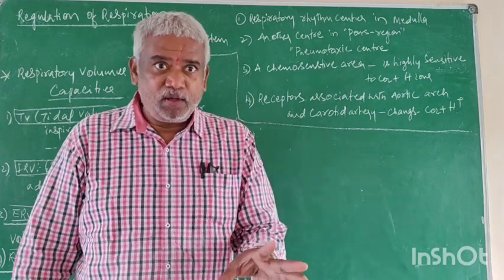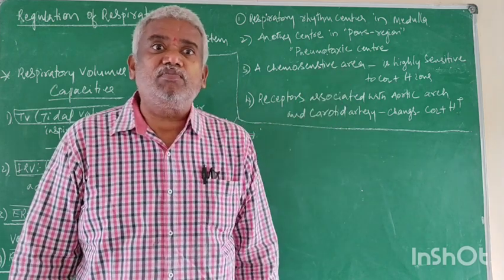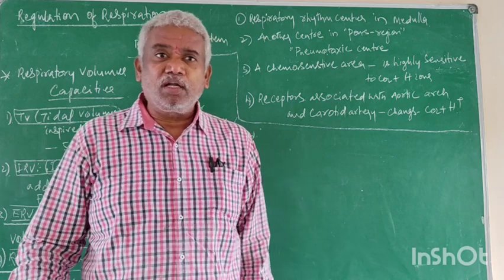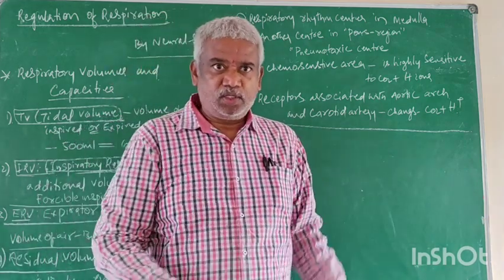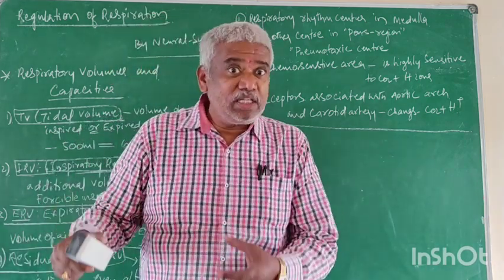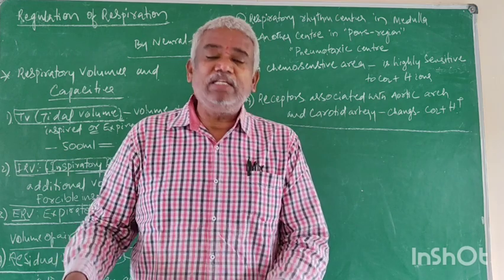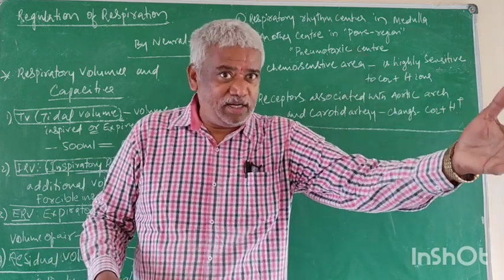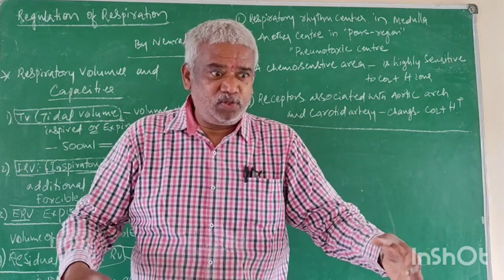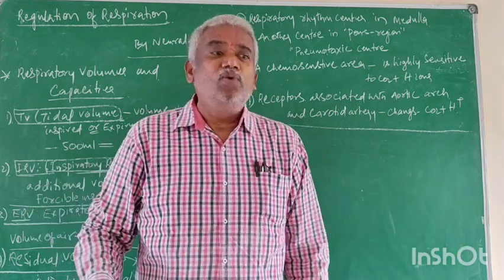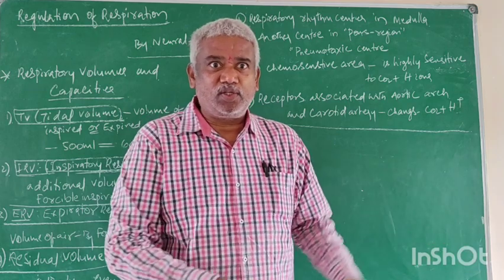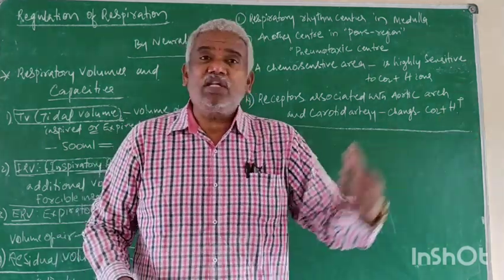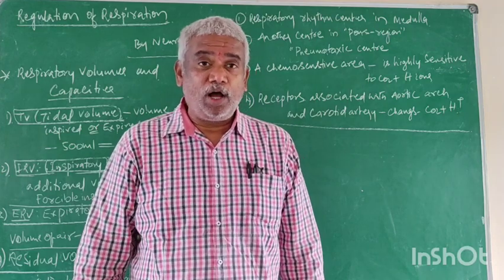For example, take the college organization. In this college organization, there are students, teachers, lecturers, and non-teaching staff like attenders and clerks. That means three groups: students, teaching faculty, and non-teaching faculty.